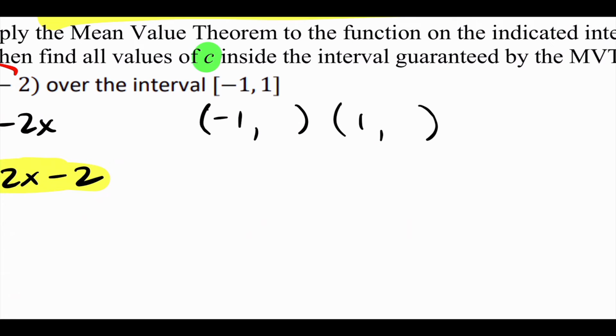Where do I plug it into? f of x. The original, not the derivative. The only time we plug things into the derivative is when we're doing the first derivative test. I am not doing the first derivative test. I am trying to find points on the original graph. So you're going to plug it into the original graph. So don't look up here. Look at your paper. You guys know how to do this part.